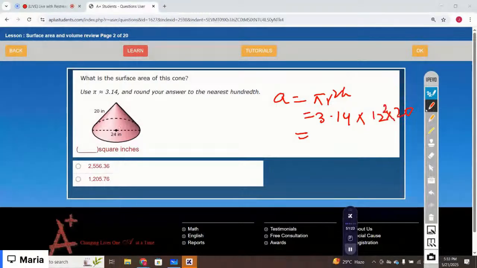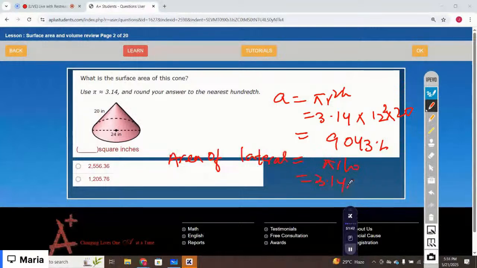So let me just do the calculations, that is 12 square times 3.14. That is 452.16.